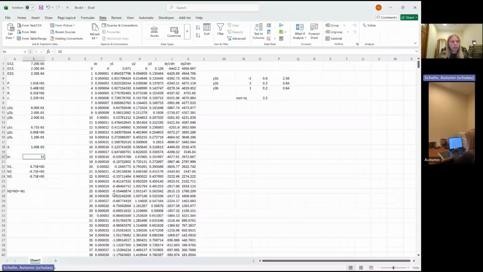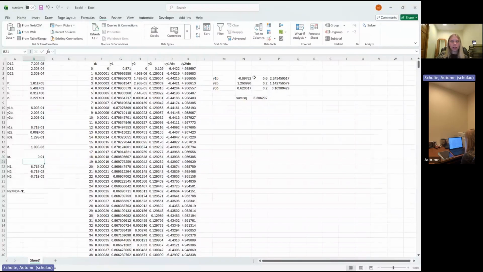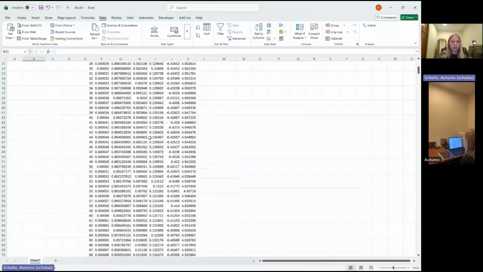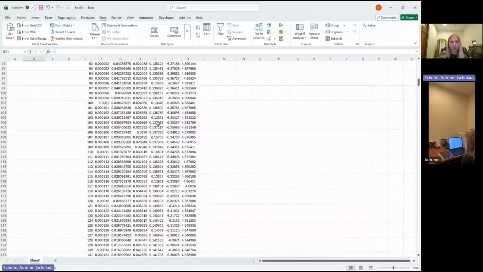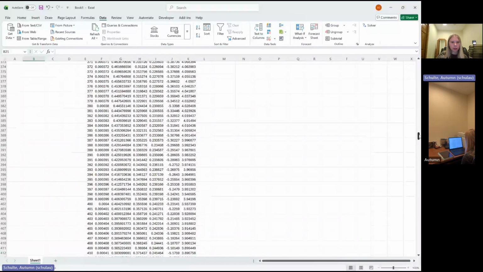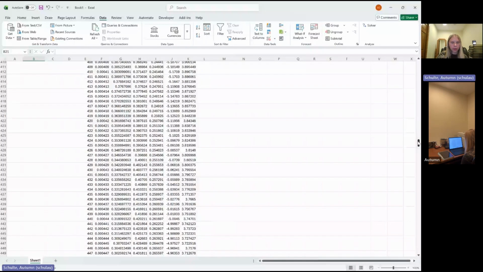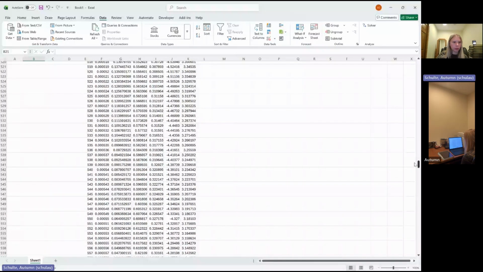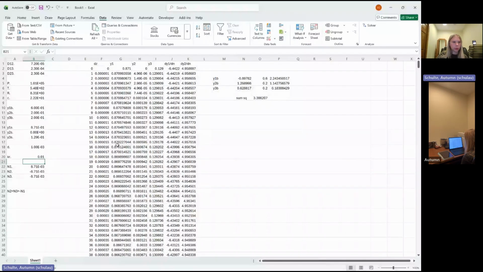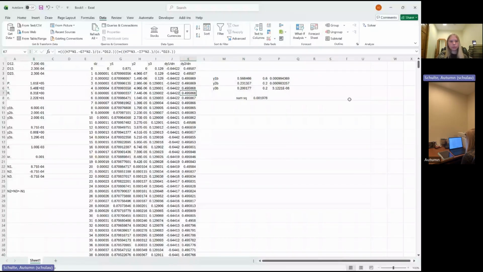So if we want to decrease this to be, let's say, 0.01, we're starting to get some more normal, I'd say, mole fractions. But if we decrease it even more, it'll look more like what we have had. We put this to 0.01. Yeah, our mole fractions are a lot easier to comprehend.